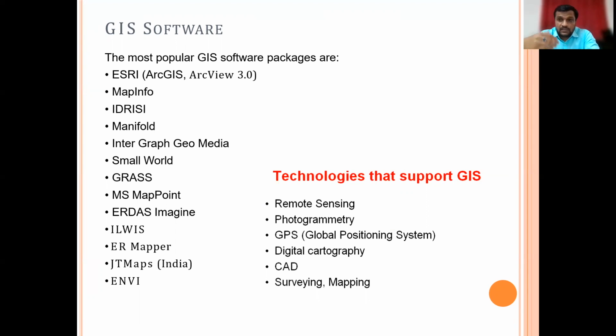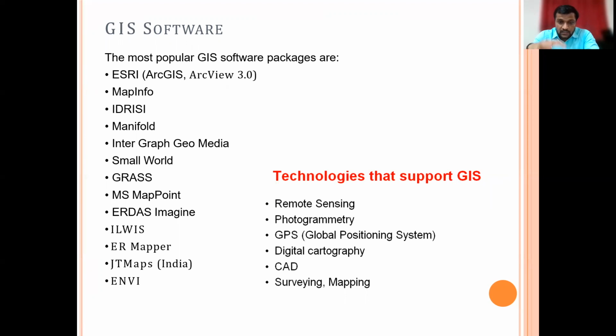Means whatever GIS we are using, we can have remote sensing data sets. We have data from remote sensing technology. We have data from photogrammetric technology. We have photographs that can be used by GIS softwares for further application. GPS data sets can also be used by GIS technology.